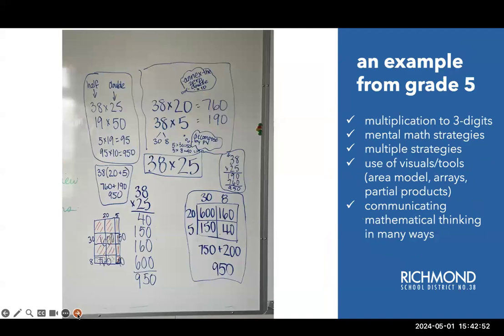And then an example of proficiency from grade 5, which is multiplication to 3 digits. And again, some of those other competencies. The number range for grade 5 is up to 1 million, and this falls within that range. And again, you're looking for students to use a range of strategies.